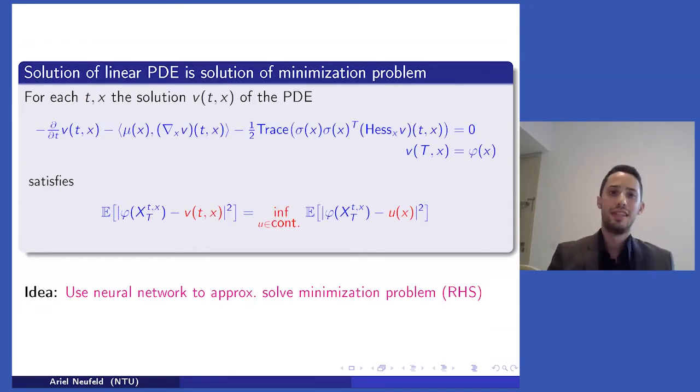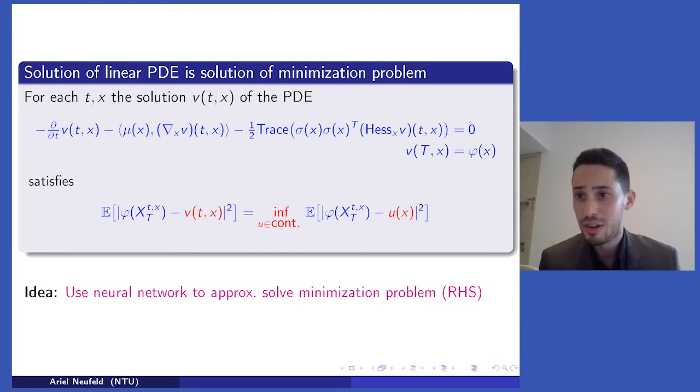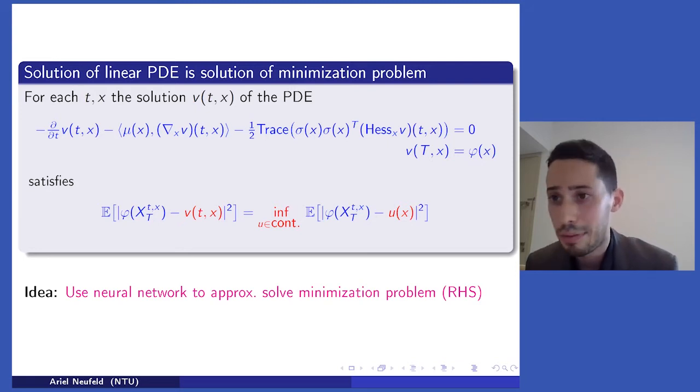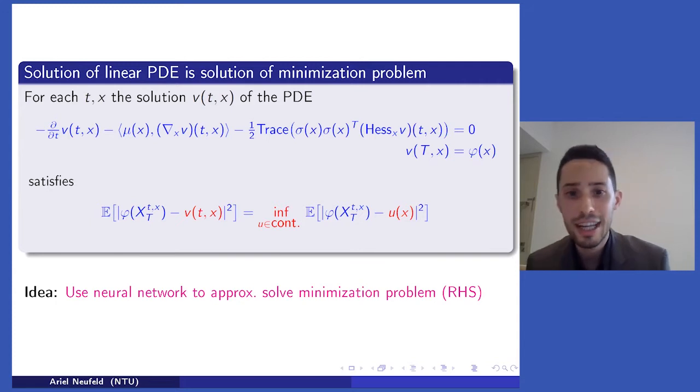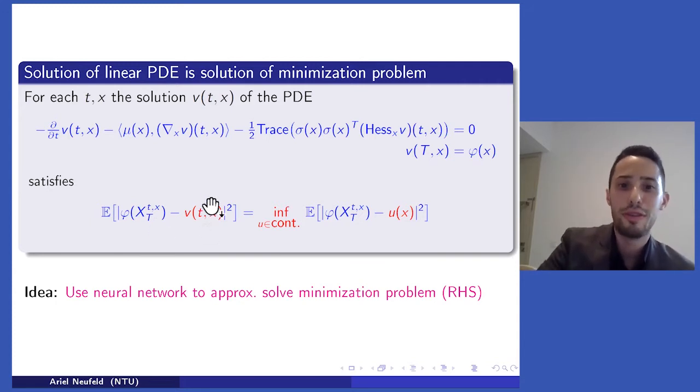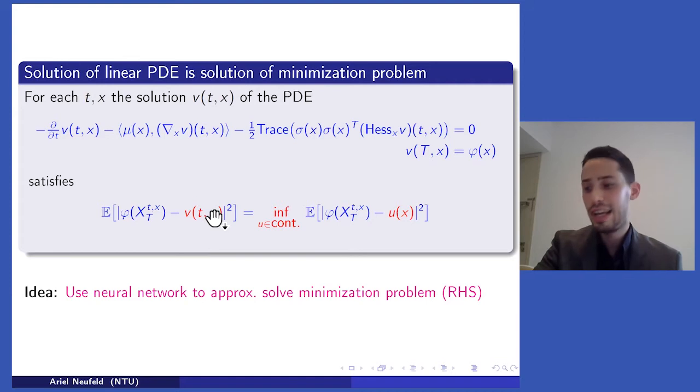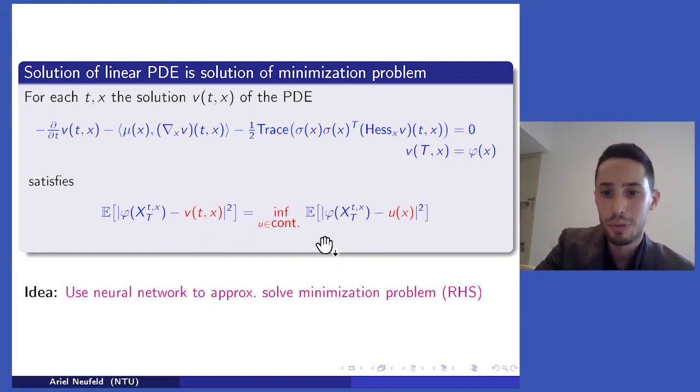To summarize, combining the two slides before, we concluded that the expectation is a solution of the quadratic minimization problem, and using the Feynman-Kac representation, which tells us that for a linear parabolic PDE we can write the solution of the PDE as the expectation, we found that the solution of the PDE can be characterized as the solution of this quadratic minimization problem.